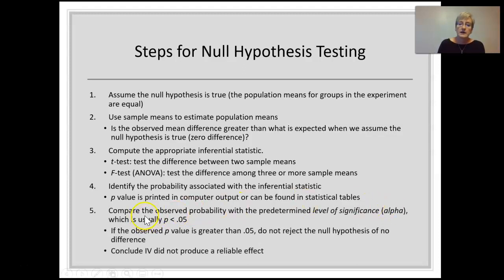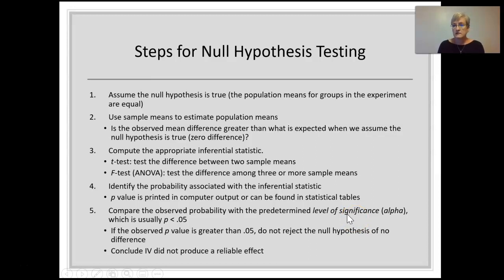We're then going to compare the observed probability value with a predetermined level that we have to beat in order to declare what we found statistically significant. So typically our alpha level, which is another word that's often used to describe a p-value, our predetermined level, is usually p has to be less than, not equal to, less than 0.05.